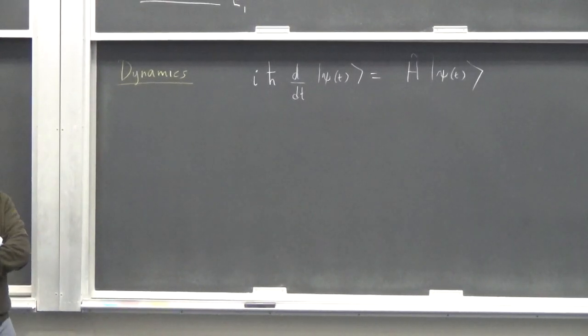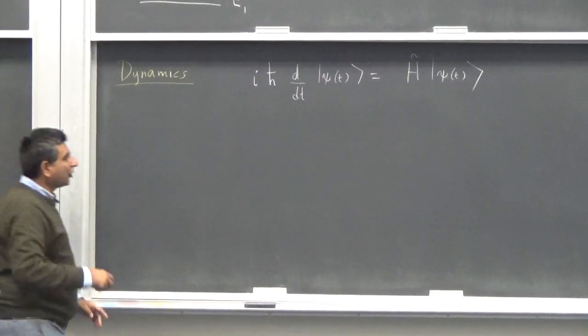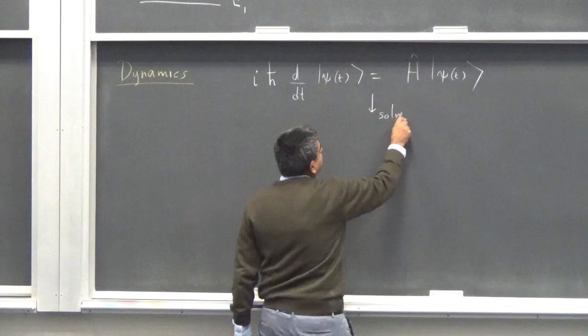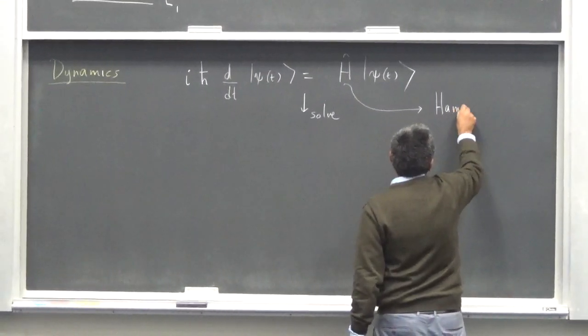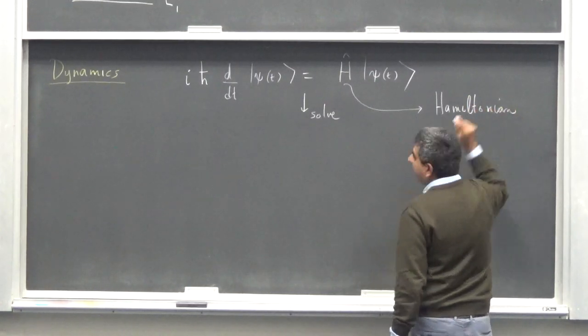It is the equation of motion for a quantum state that is changing with time. And we want to solve this equation. So this object here is called the Hamiltonian. And the Hamiltonian is an energy operator.